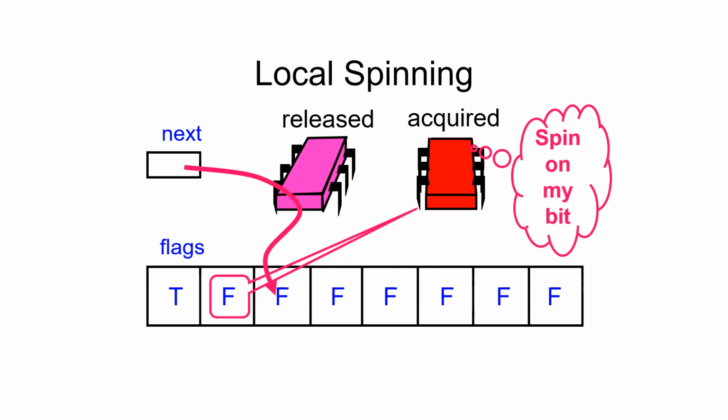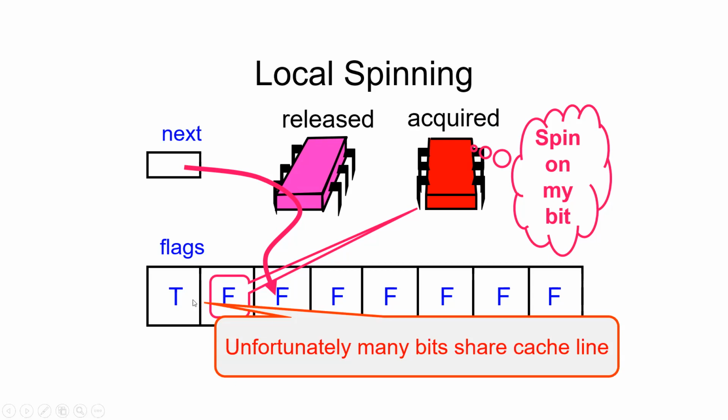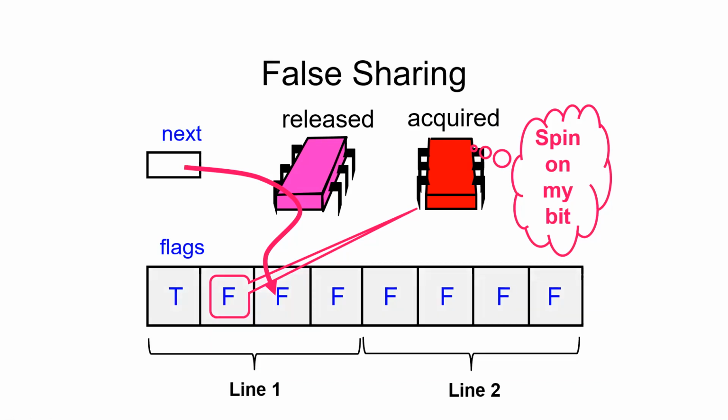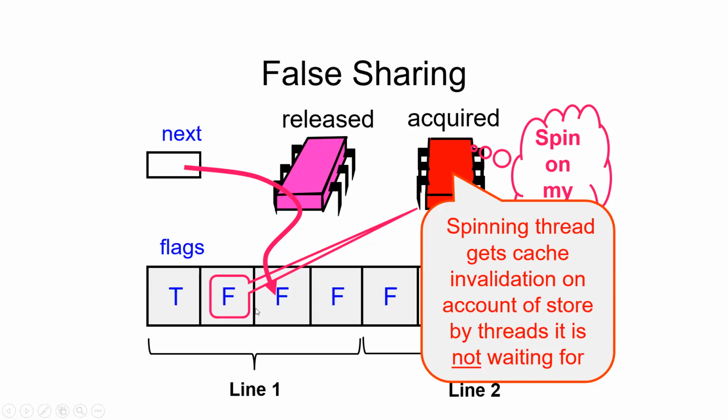So what will happen here is, if all the bits are sitting on the same cache line, for example, line 1 shared by 4 threads and line 2 shared by 4 threads, and all these threads are performing invalidations on this cache line, then it will cause contention, right? So here it is causing the contention.